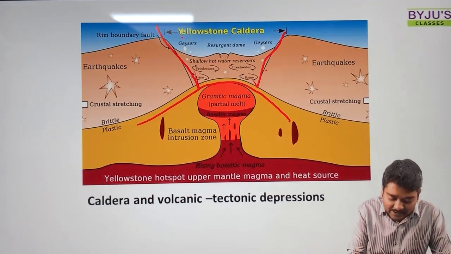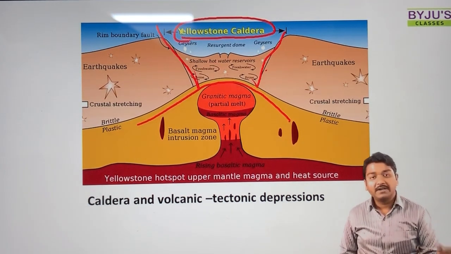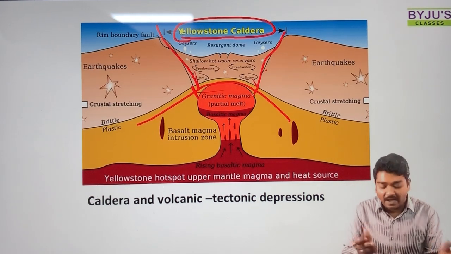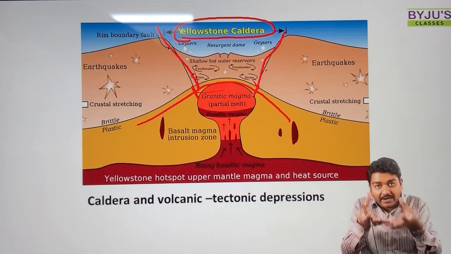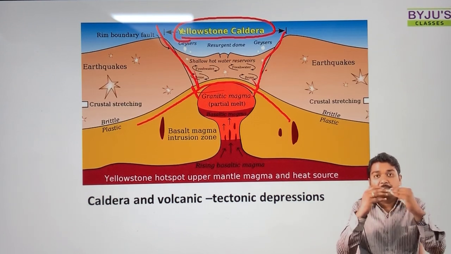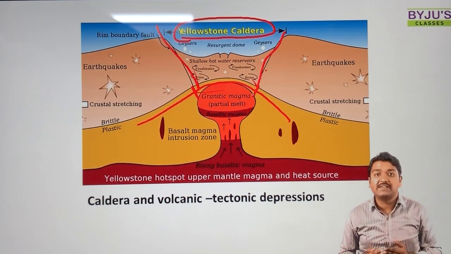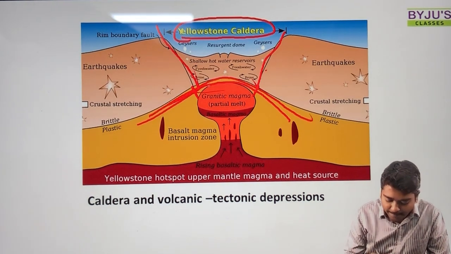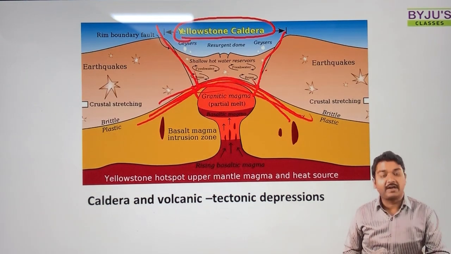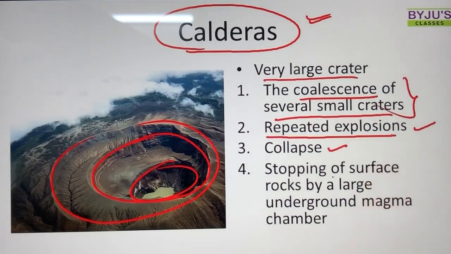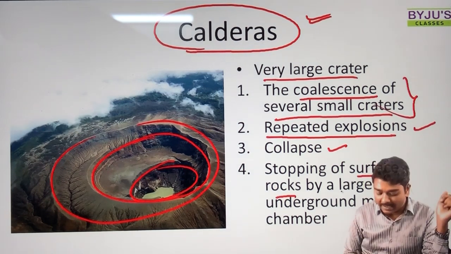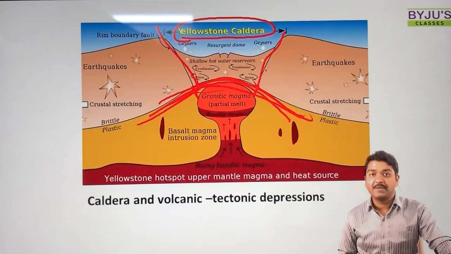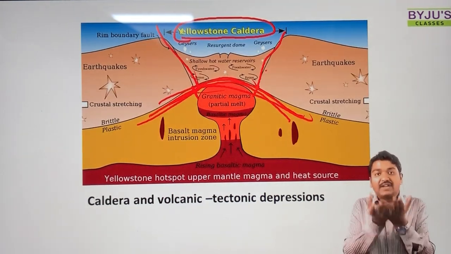The best example is the Yellowstone caldera in the United States, where a basalt is blocking and the earth's crust is coming down, but it is prevented from going further inside because of the layer which is usually there. So you can see here the stopping of surface rocks by a large underground magma chamber. The underground magma chamber is actually protecting the land above.